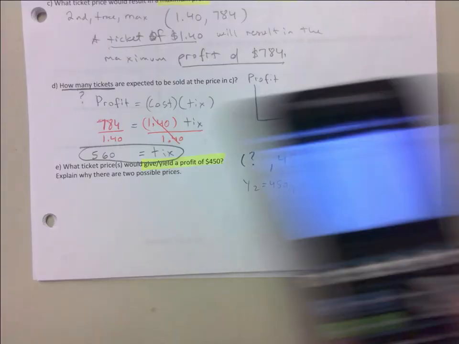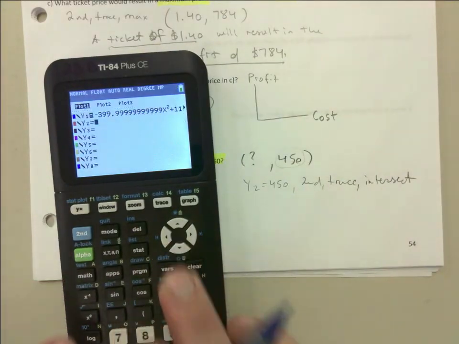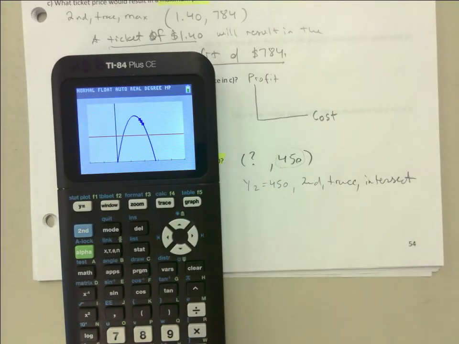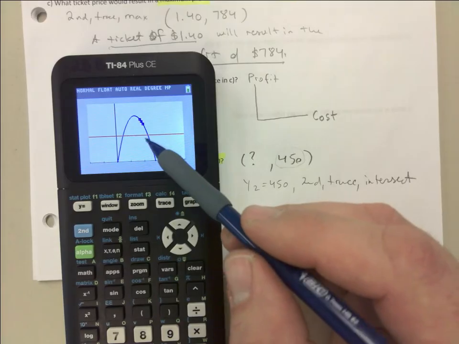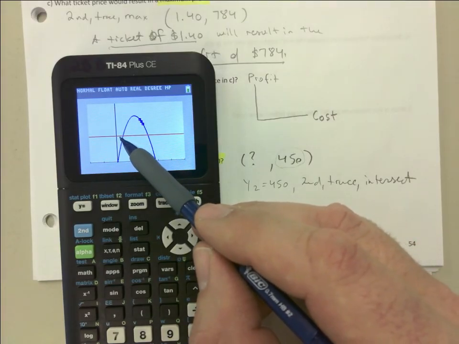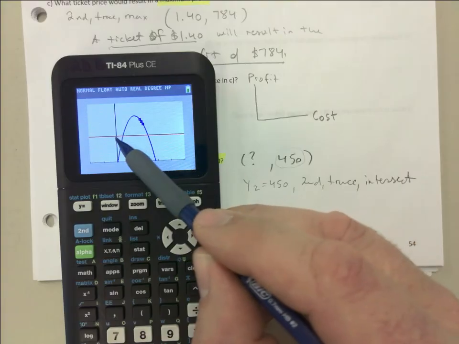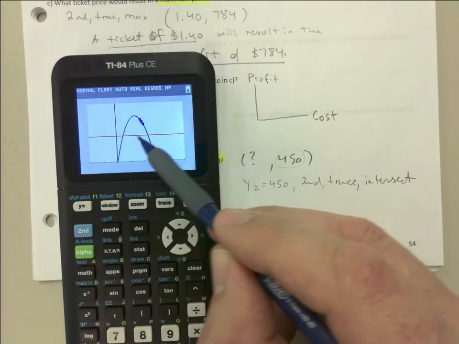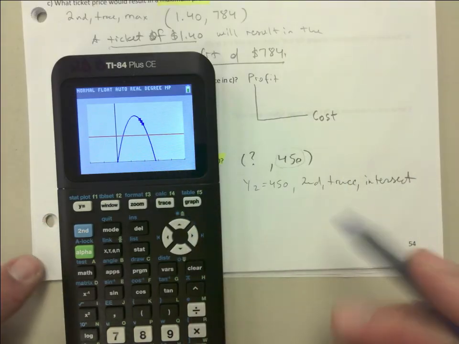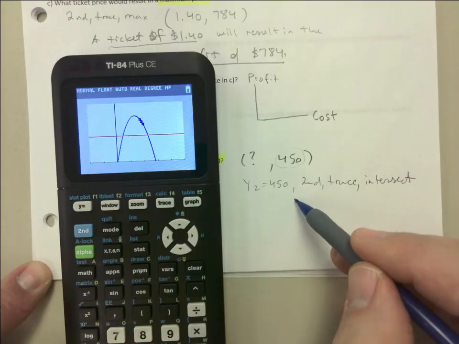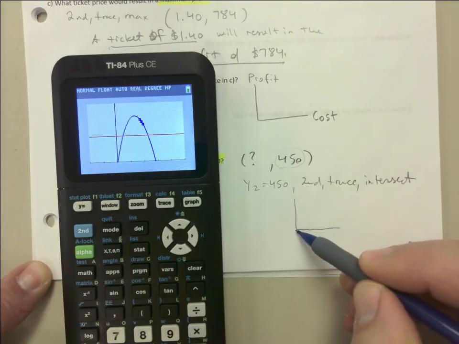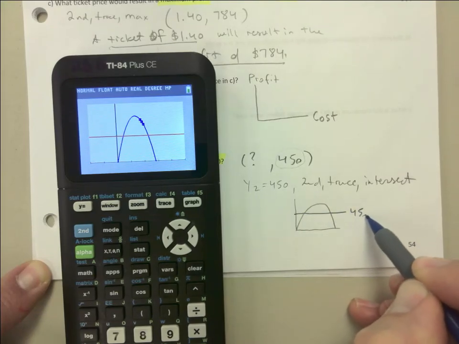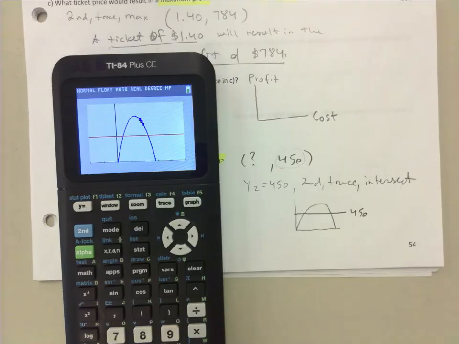So let's go ahead and do that. y2 is equal to 450, and hit the graph. And what do you notice? It happens in two different instances, right? There's a cost here and there's a cost there. So we got to find both of them. Okay, so on our notes, let's just do a quick curve like this where the 450 goes through here, so you know what you've been doing, right?